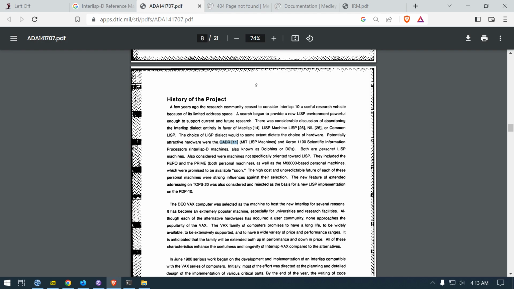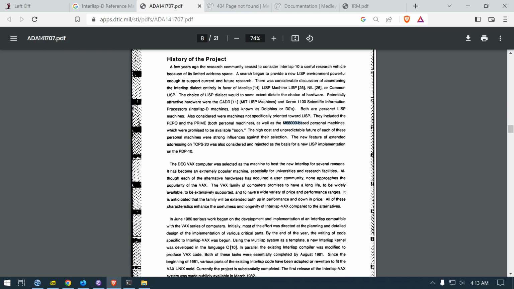And then the Interlisp machines ran on Dolphins, Dorado, or something like that. And another one, I think there was 3Ds. And so here they're trying to choose which one. They're looking at Perq and Prime. And also, I want to say that one's a Motorola machine.